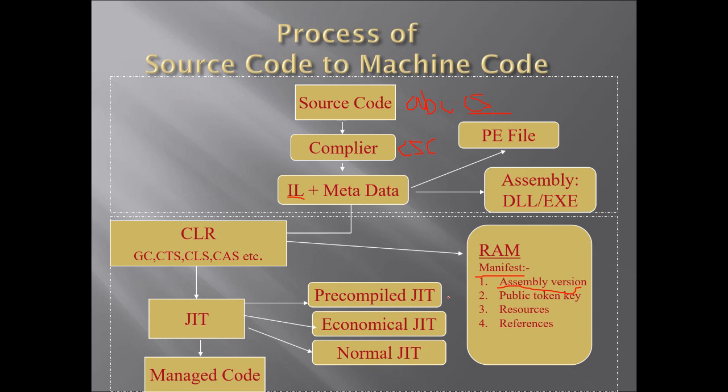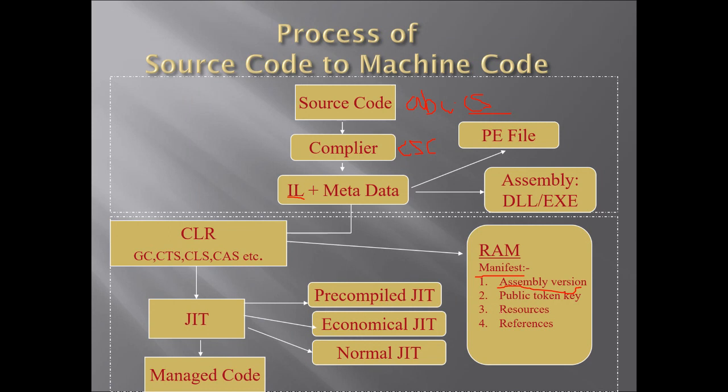We need CMD, because without CMD we can't get input and output through our program. So that kind of resource is needed, and that information needs to be available to RAM. So that is maintained in the manifest file as a resource.